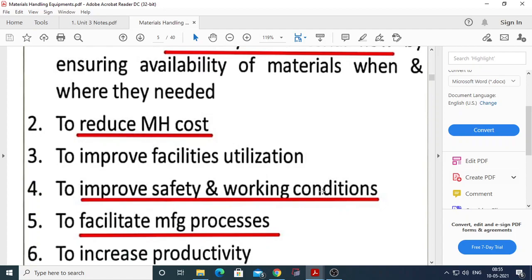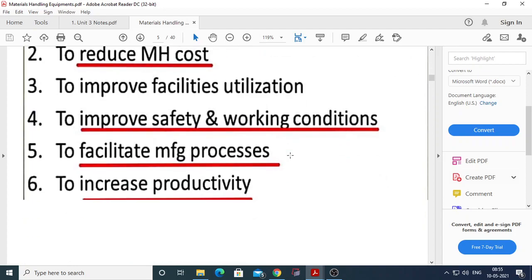We have already seen this as one objective. Now the limitation of the conveyor: a conveyor can handle the material only along a fixed route. If you give a fixed route, only on that route can the conveyor handle the material, right? This is one of the disadvantages or limitations of the conveyor.